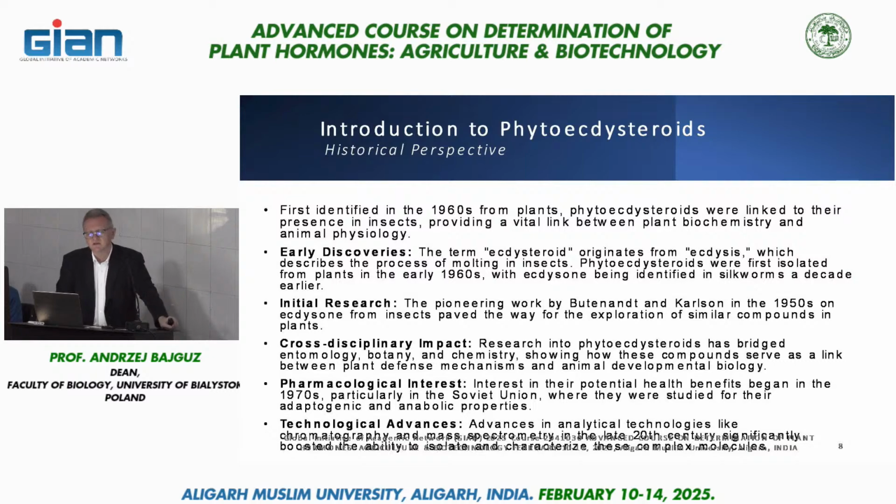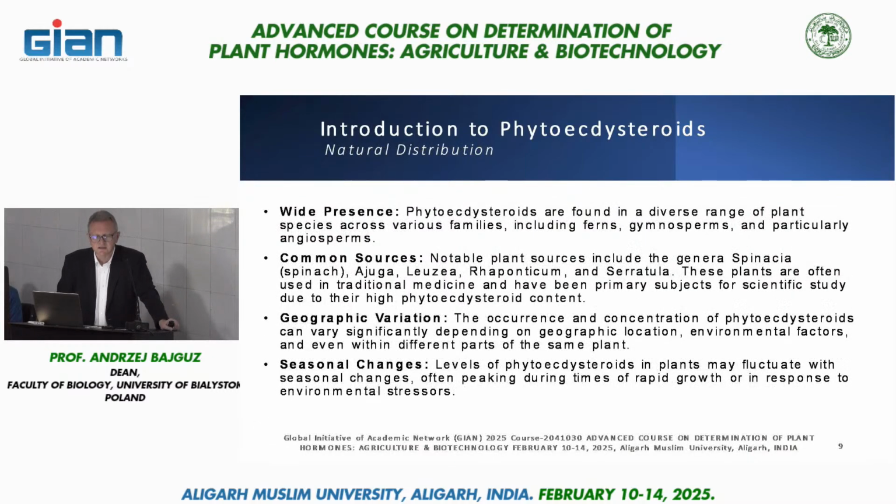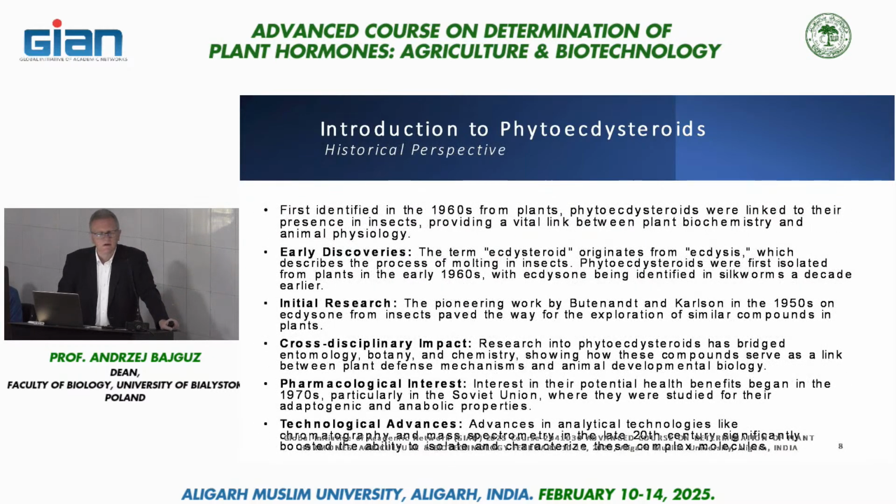The term ecdysteroid comes from ekdysis, a Greek word which refers to the molting process in insects. Around this time, Butenandt and Karlson successfully identified ecdysone, an essential molting hormone in insects, making a major breakthrough in entomology. But something unexpected happened.